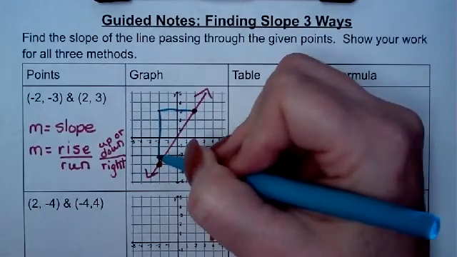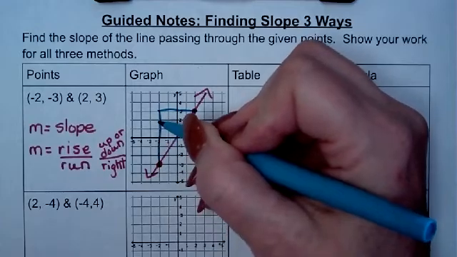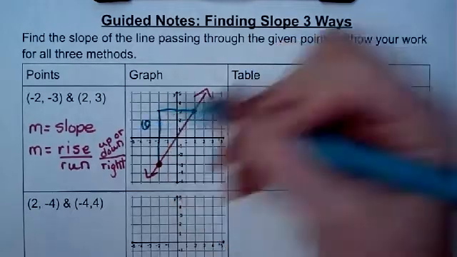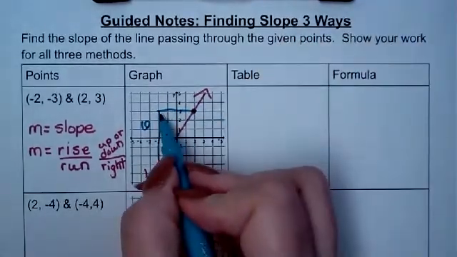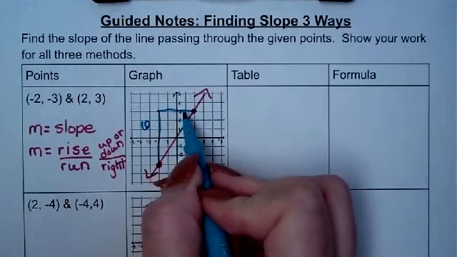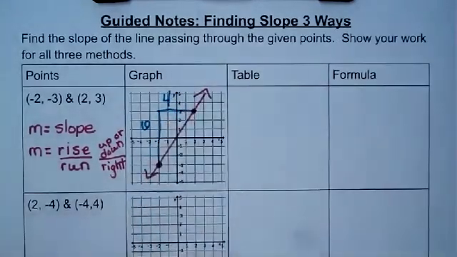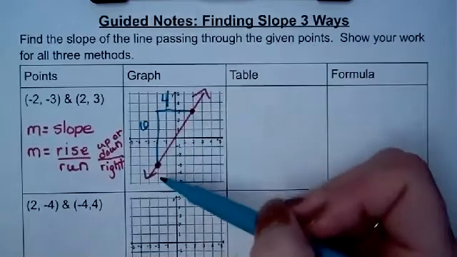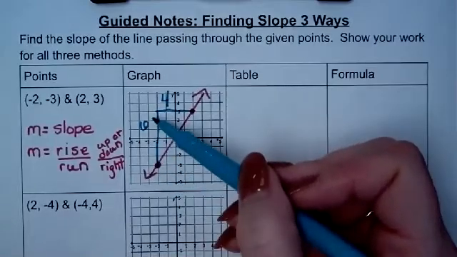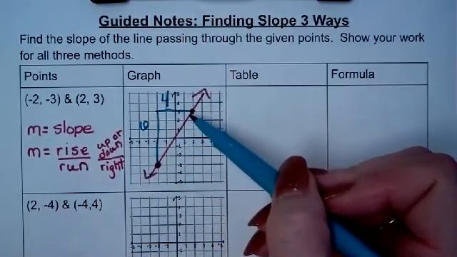Okay, so 1, 2, 3, 4, 5, 6, right there. Then I'm going to count how many over. 1, 2, 3, 4. So if I think about the slope here, it's rise over run.